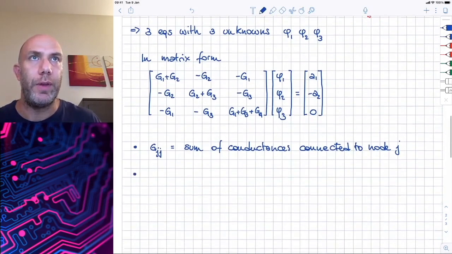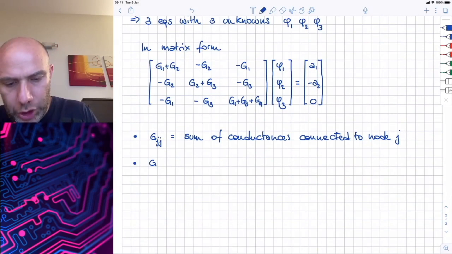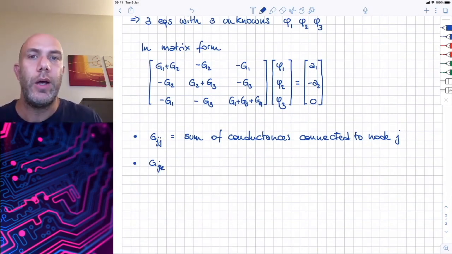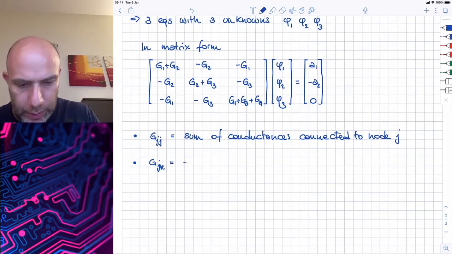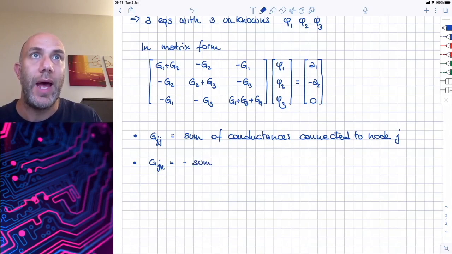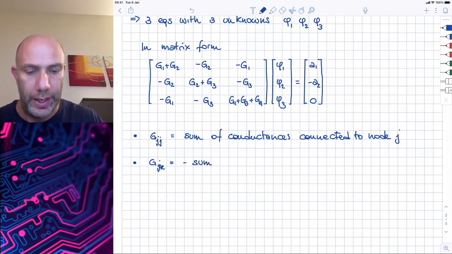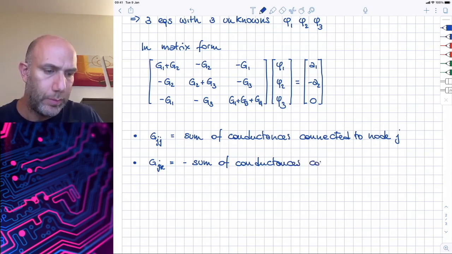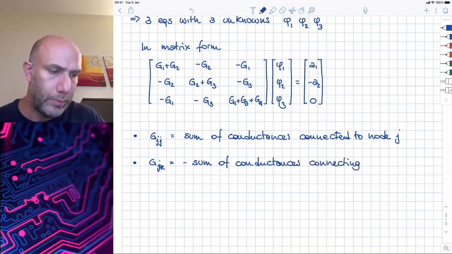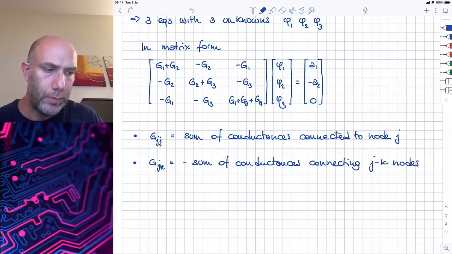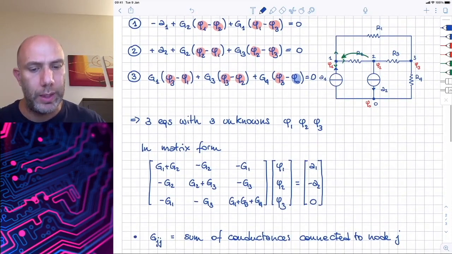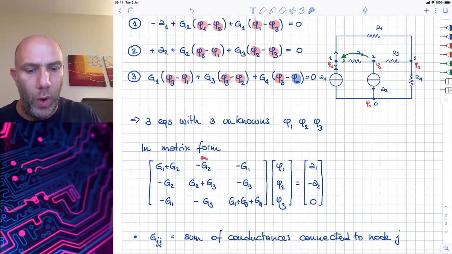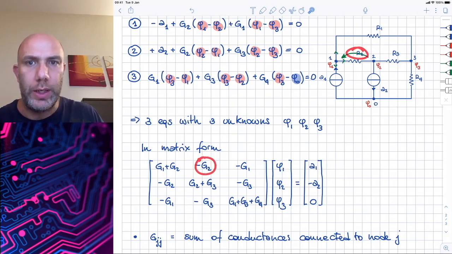The second property of the matrix is that the generic term G, J, K contains minus the sum of the conductances that directly connect nodes J and K. In fact, for example, if we look at the term in position 1, 2, we can see that it contains only the term that directly connects the nodes 1 and 2.